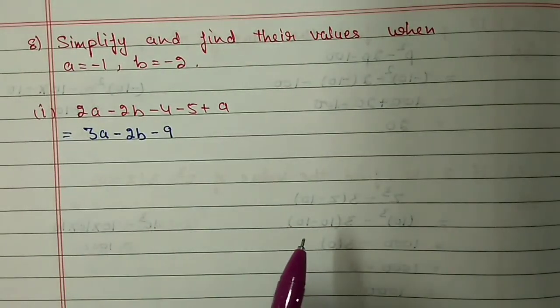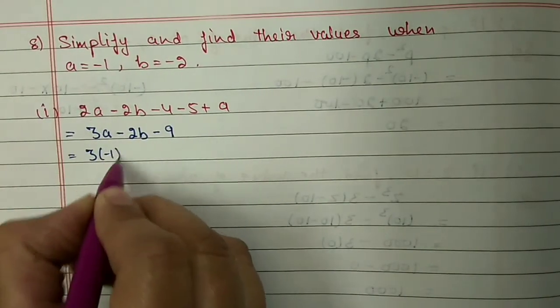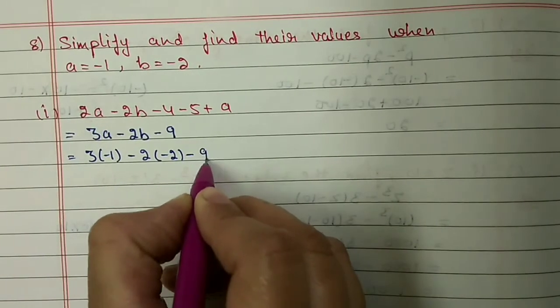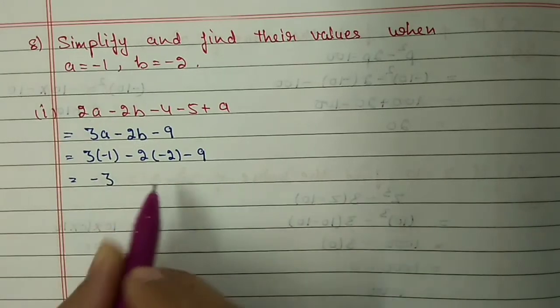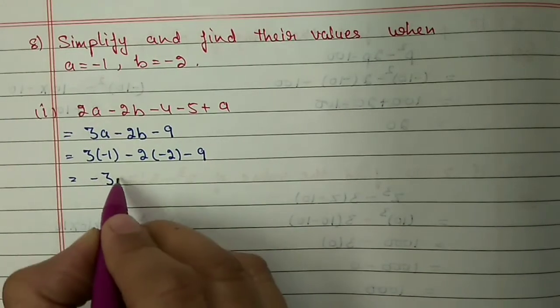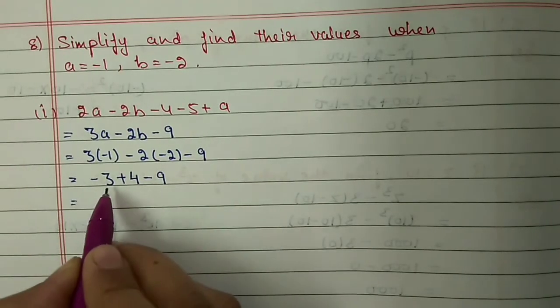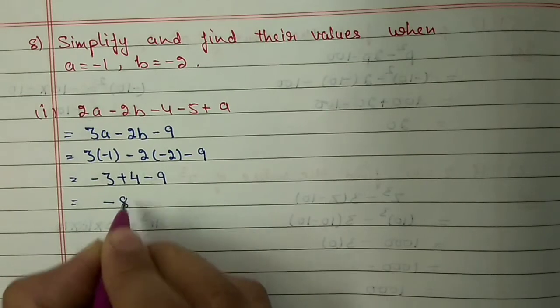After simplification, now we will substitute the values. 3 into minus 1 and 2 into minus 2, minus 9 as it is. So 3 into minus 1 will become minus 3. Minus 2 into minus 2 will become plus 4 and minus 9. Minus 3 plus 4, 1, and 1 minus 9 is equal to minus 8.